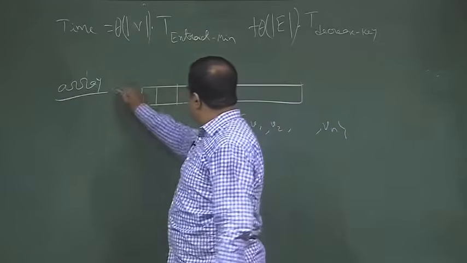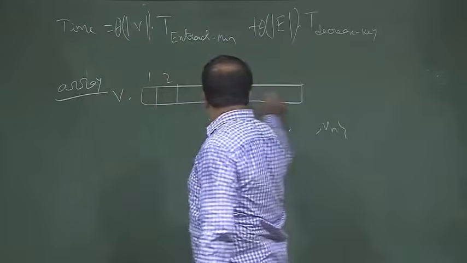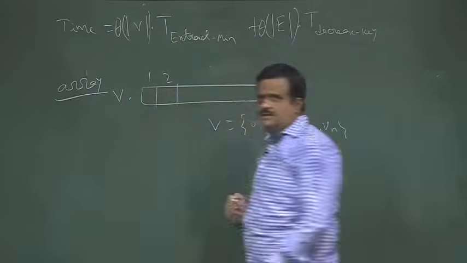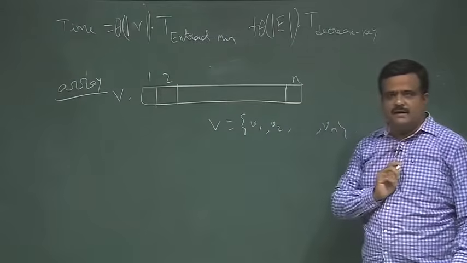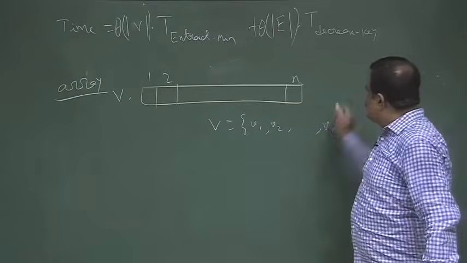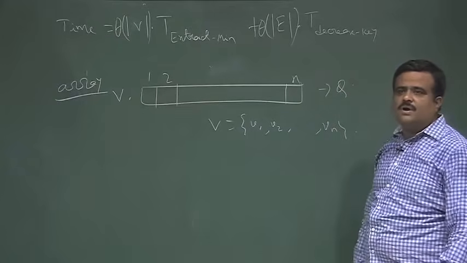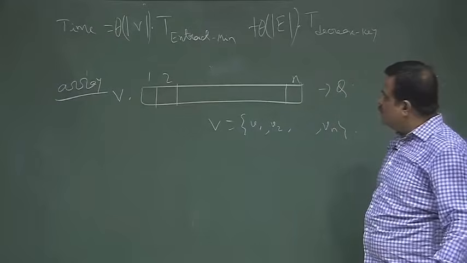So, we have an array from 1 to n, a simple unordered array. So, this is our Q, an array for our priority queue.